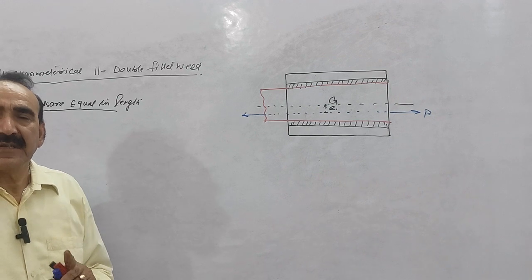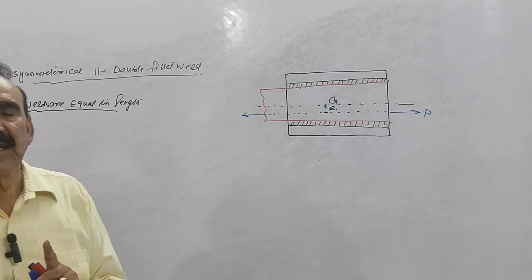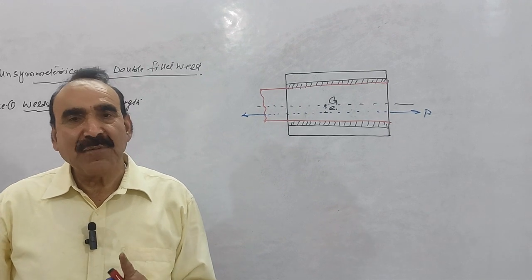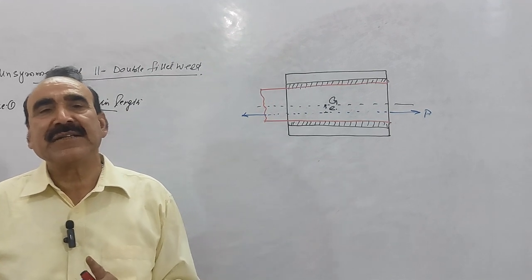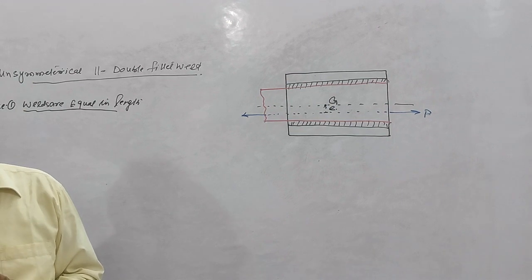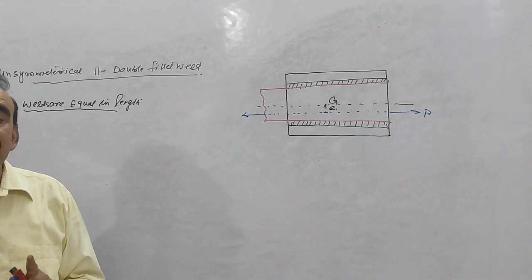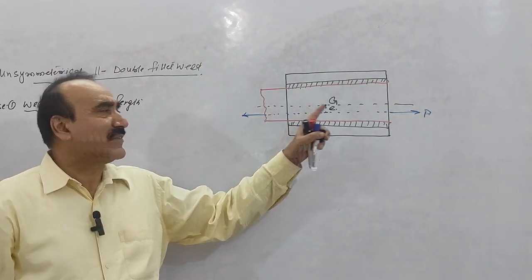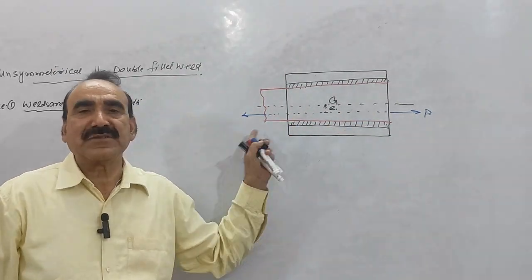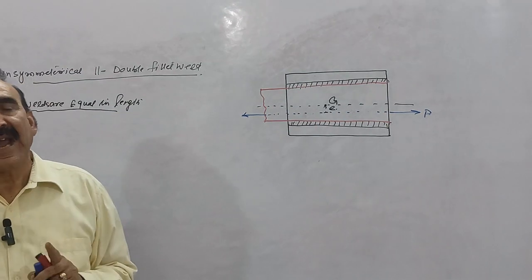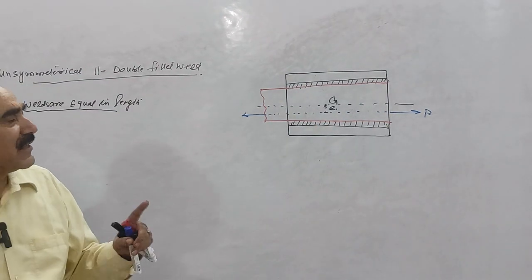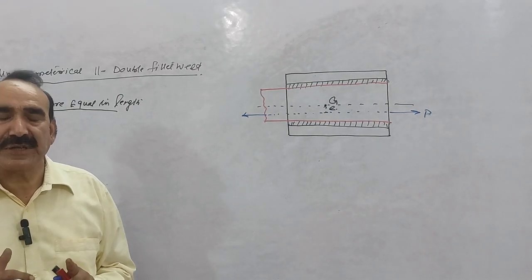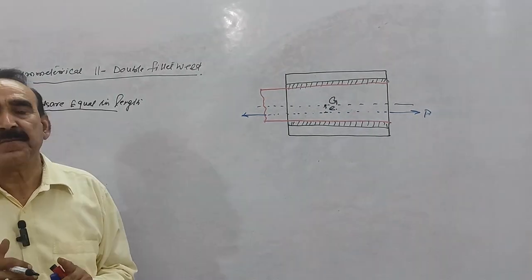So what happens there? A moment will develop here. When the moment develops, it will add to the stress and increase it, because we already get stress from the load we are applying, and in addition the moment will also develop and increase the stress.